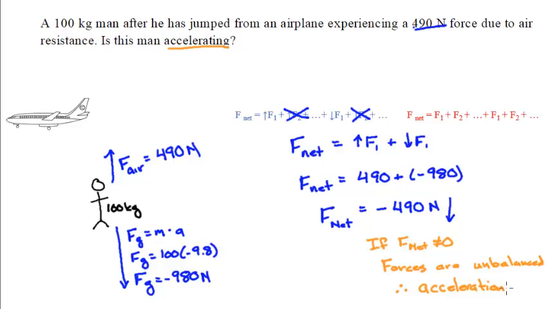Now we know that this acceleration is very specific because he's falling down. In other words, this man is in free fall.